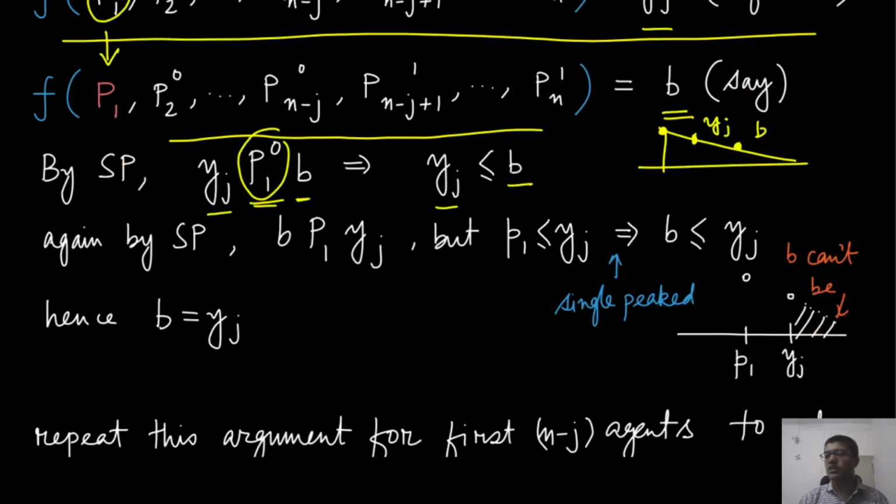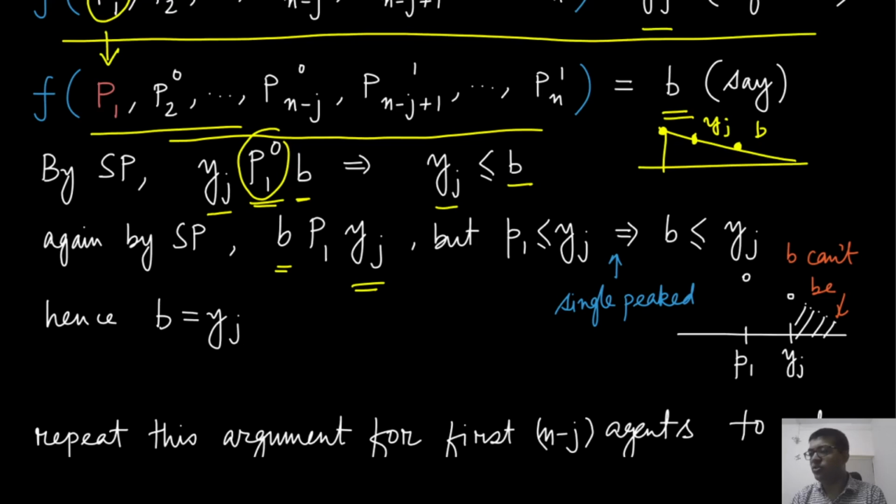Then again, when we migrate to this new preference profile, we can say that this alternative b is more preferred than yj, because if that is not true, then player 1 would have manipulated again in this preference. So whatever is the current outcome should be preferred more than any other outcome where player 1 is deviating to something else.